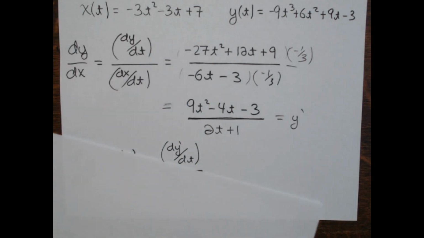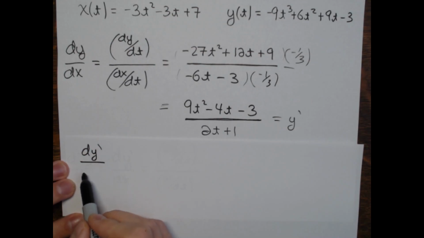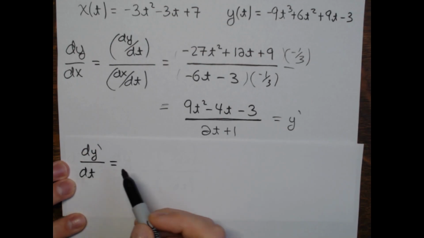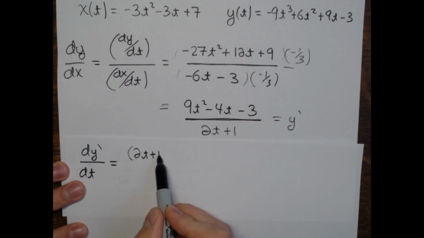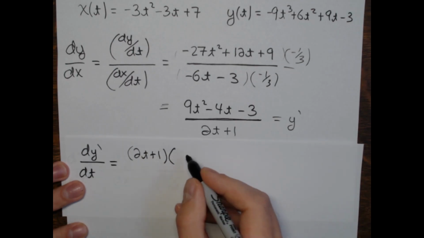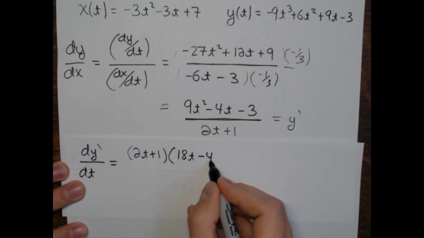So for this numerator part, I'm going to take this to another page. dy prime with respect to t here, remember it's a quotient rule. So denominator, 2t plus 1 times the derivative of the numerator, which would be 18t minus 4.